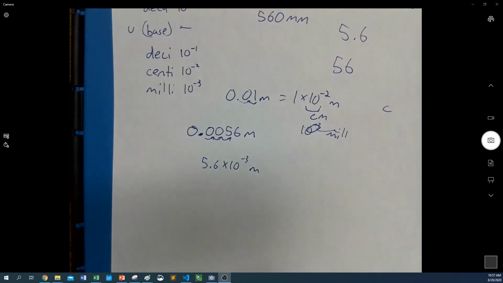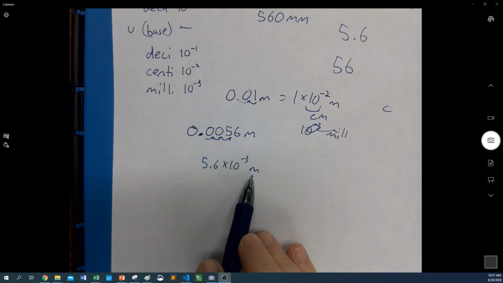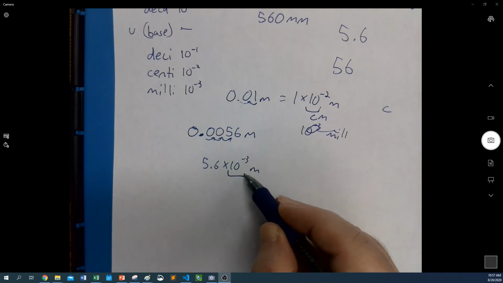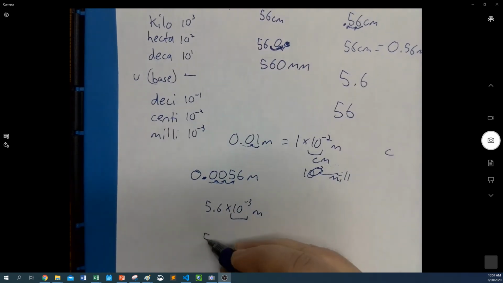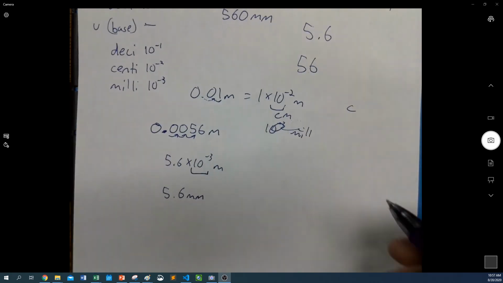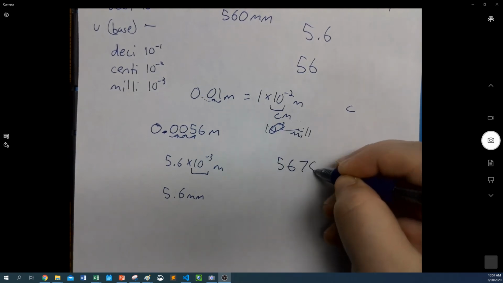So that'd be 5.6 times 10 to the negative 3 meters in scientific notation. I can replace the 10 to the negative 3 with milli. So it's 5.6 millimeters. Doing another example, 5,678 meters.